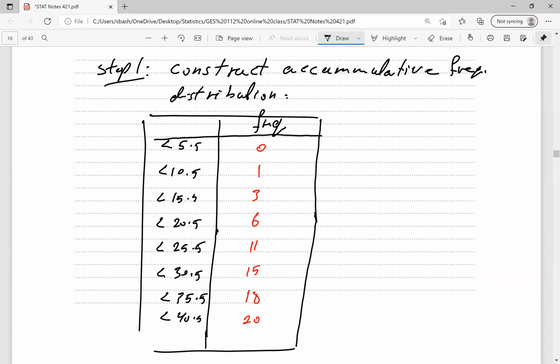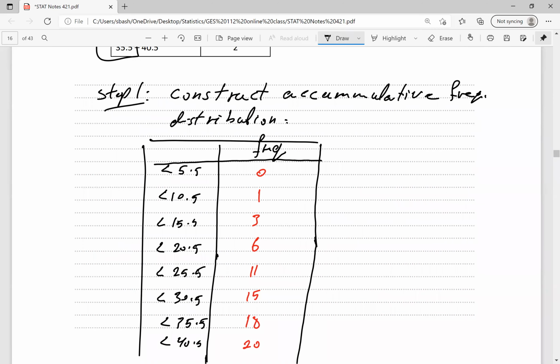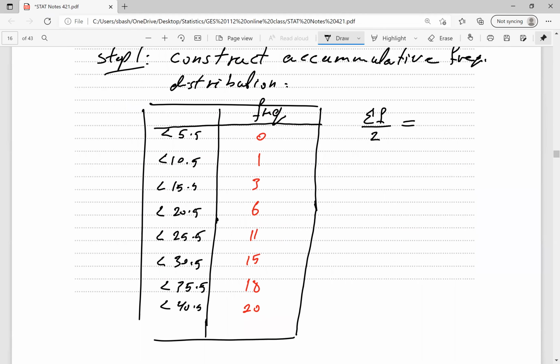Now I need to find sigma f divided by 2. The total of the frequency, which is 20, will be the last one. And 20 divided by 2 is equal to 10.